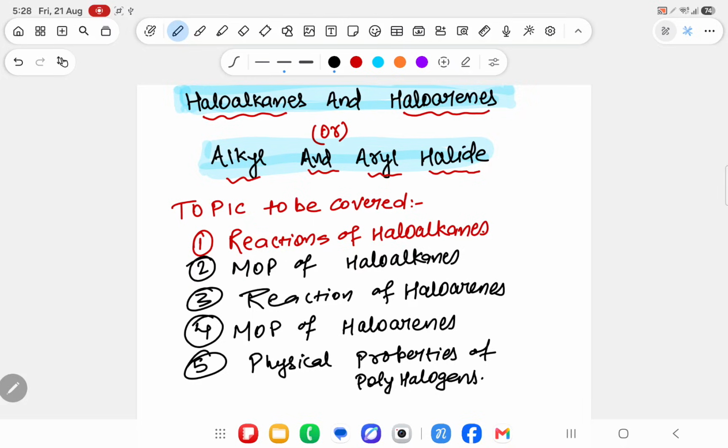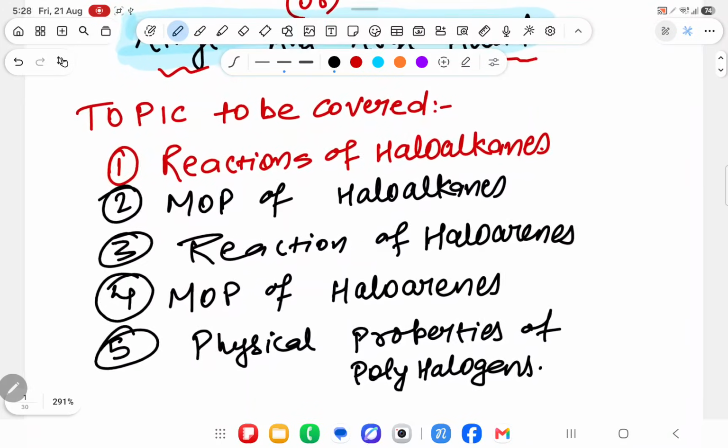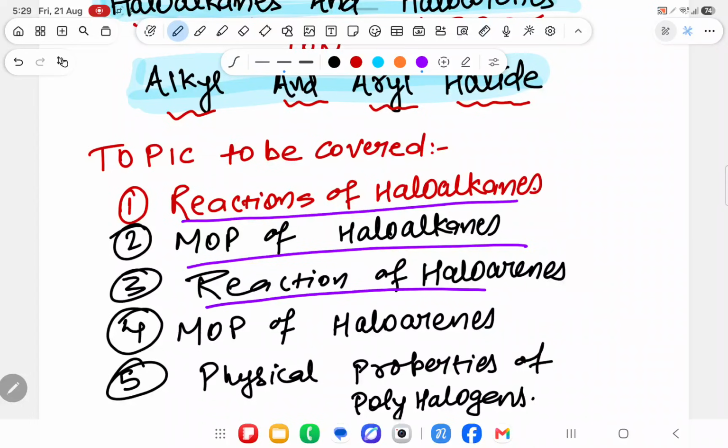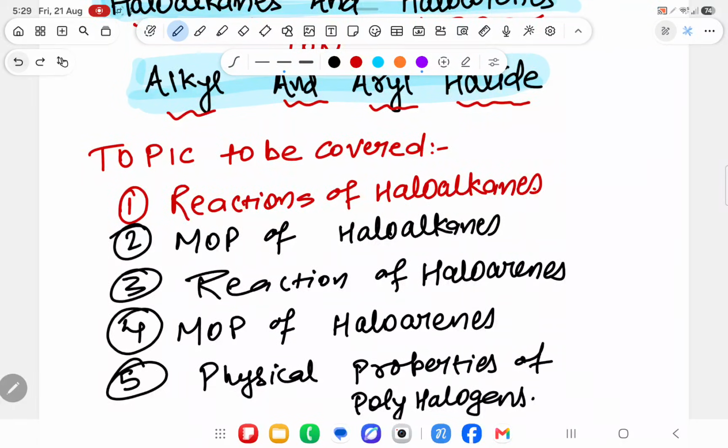Don't think each and everything will be like that only. In this chapter I am going to cover these topics: reaction and preparation of haloalkanes, reaction and preparation of haloarenes, then physical properties.